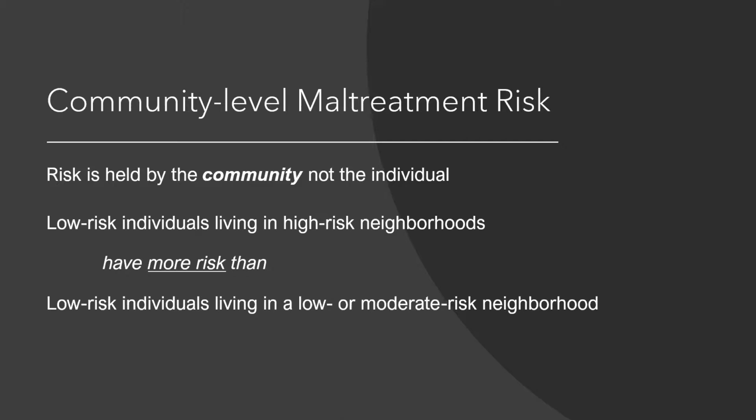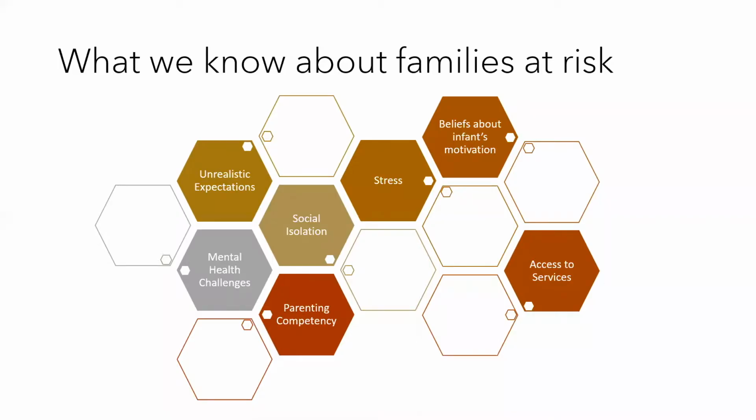So that's also not to say that we should ignore individual risk, because we do need to know about individual risks. And we know a lot about what puts a family at risk, especially for maltreatment and other bad health outcomes. From the perspective of maltreatment, we know that parents who have unrealistic expectations of what parenting looks like are going to be at higher risk.